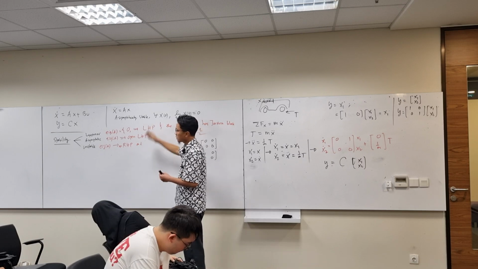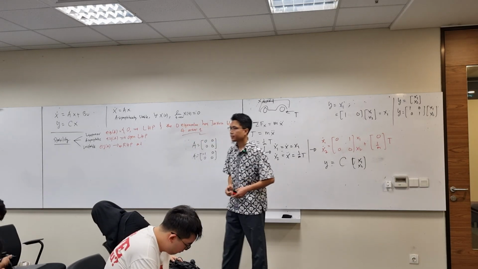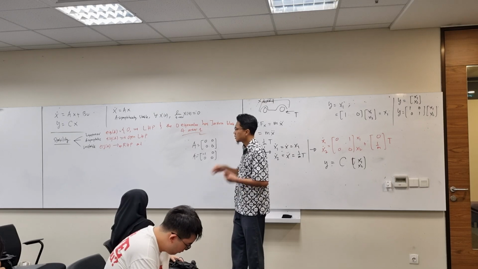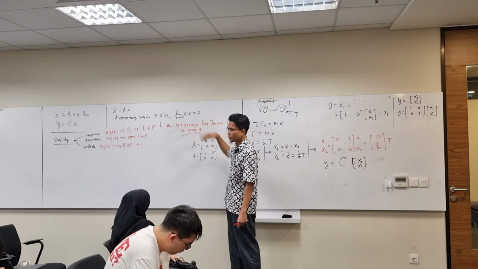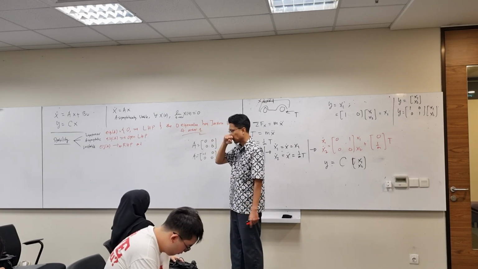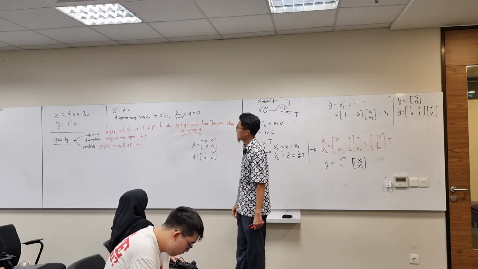So all of the states will go to 0. You disturb it a bit, and all of them will go to 0. That is asymptotically stable.